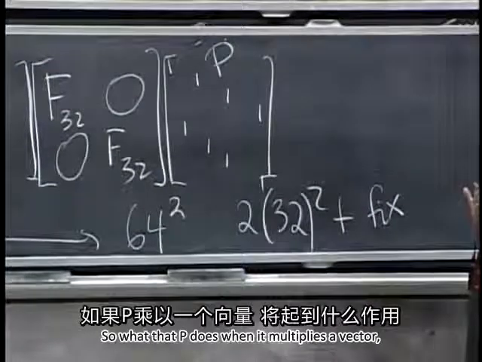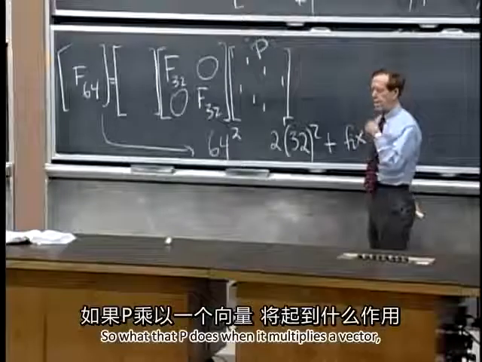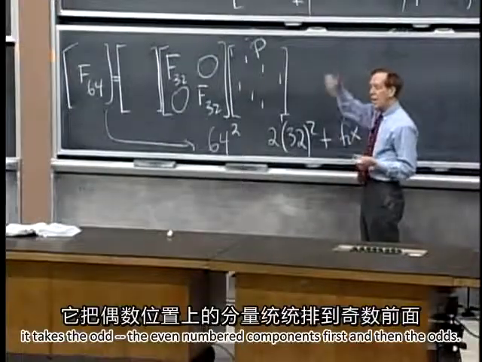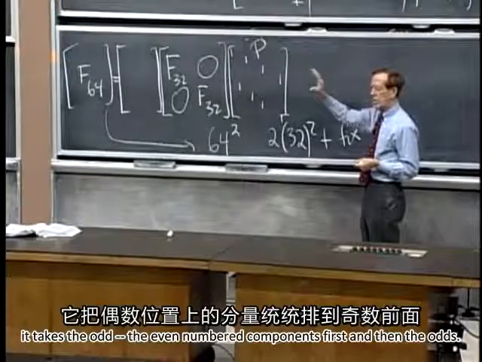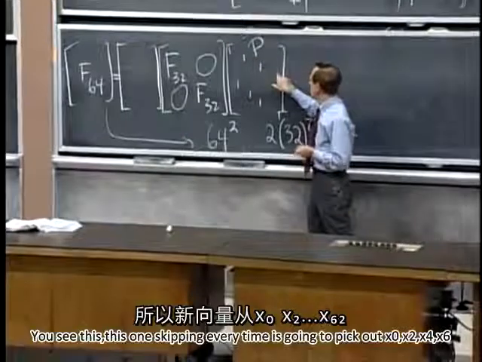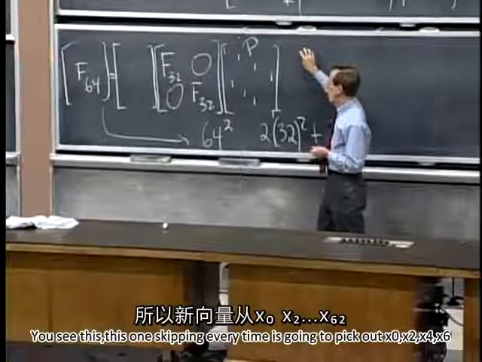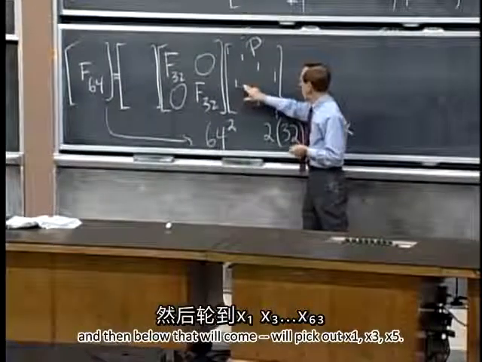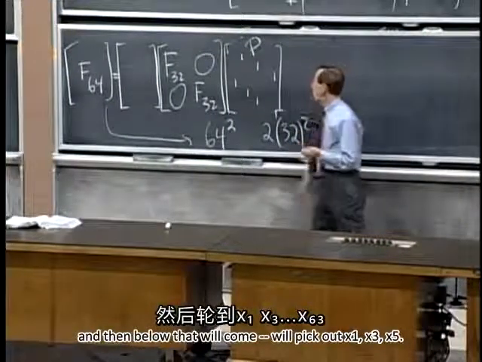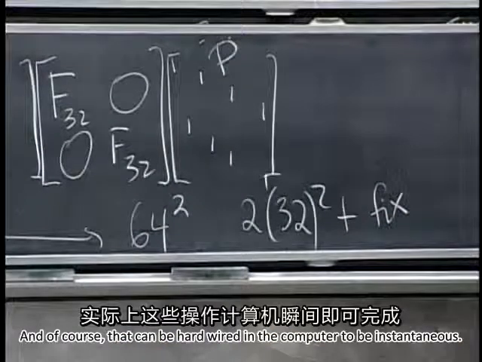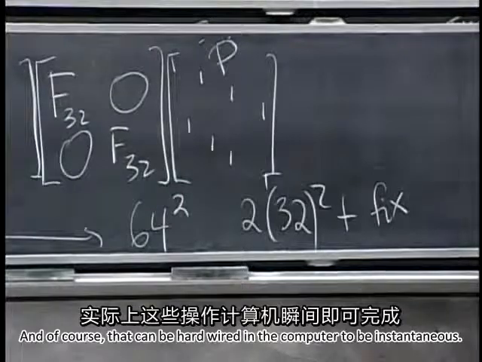What that P does when it multiplies a vector is take the even numbered components first and then the odds. You see this one skipping every time is going to pick out x0, x2, x4, x6, and then below that it will pick out x1, x3, x5. And of course, that can be hardwired in the computer to be instantaneous.